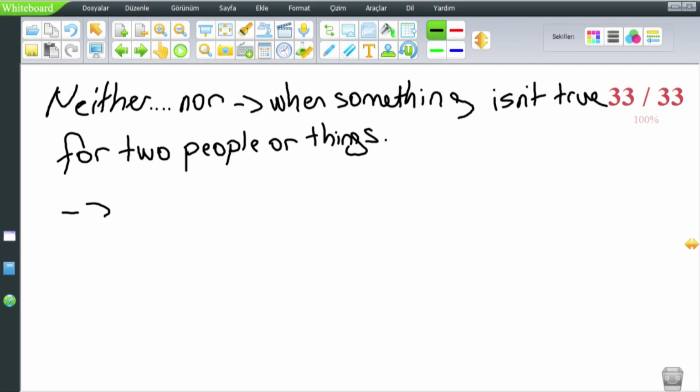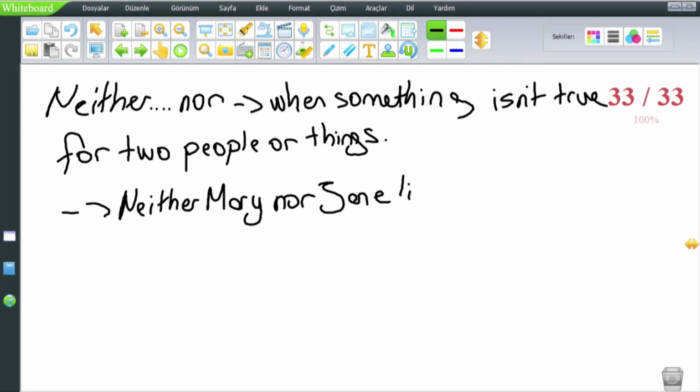For example, neither Mary nor Jane like or likes tennis. Again, we can use both singular or plural verbs. It gives the meaning that Mary and Jane don't like tennis. They both don't like tennis.